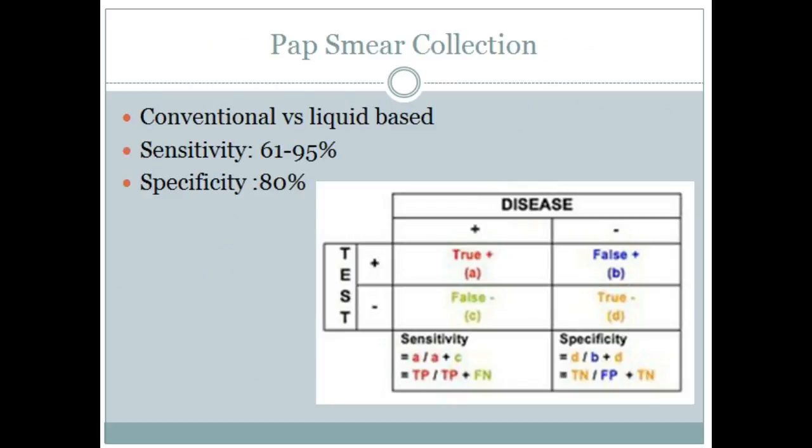So how good is the Pap smear? We have a conventional and we have a liquid-based method. The conventional method is basically you would get your sample, scraping cells off the outside of the cervix there, and then you would wipe it onto a microscope slide.